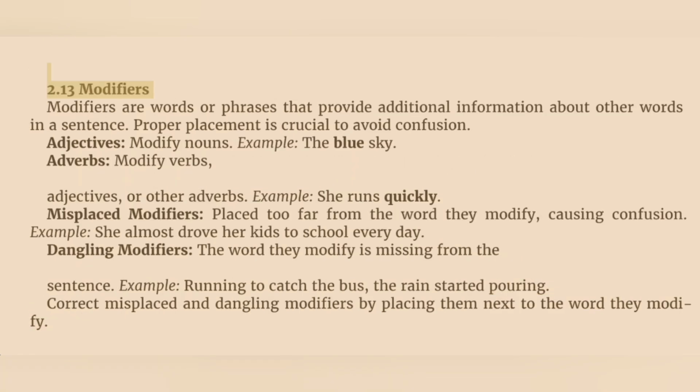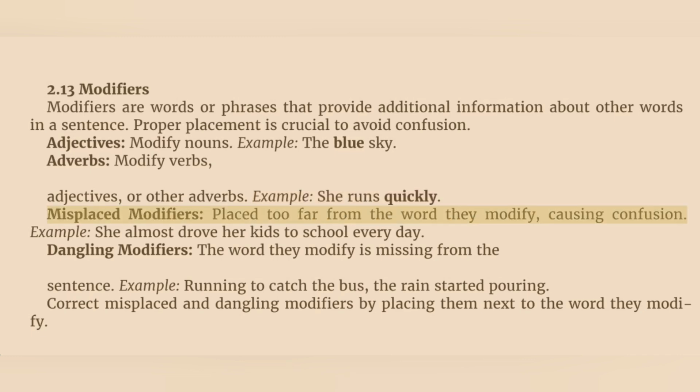2.13 Modifiers. Modifiers are words or phrases that provide additional information about other words in a sentence. Proper placement is crucial to avoid confusion. Adjectives modify nouns. Example: the blue sky. Adverbs modify verbs, adjectives, or other adverbs. Example: she runs quickly.